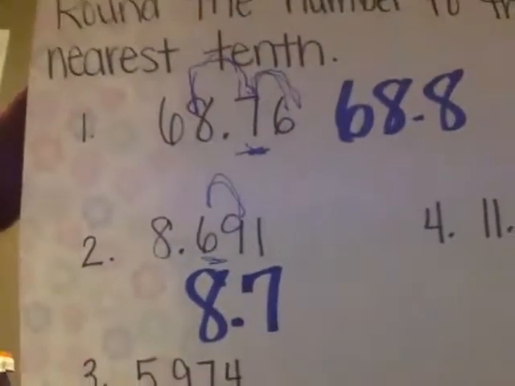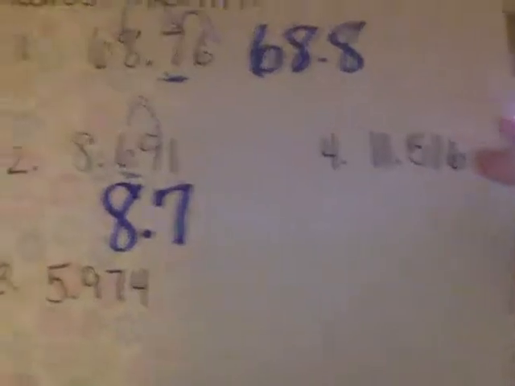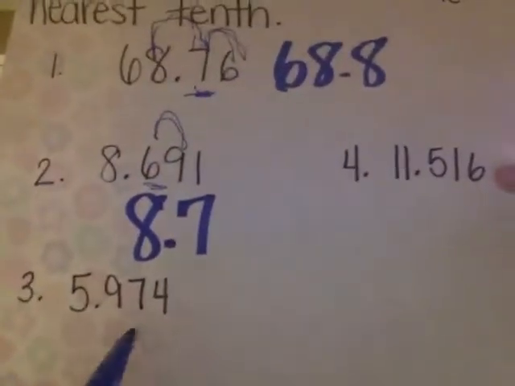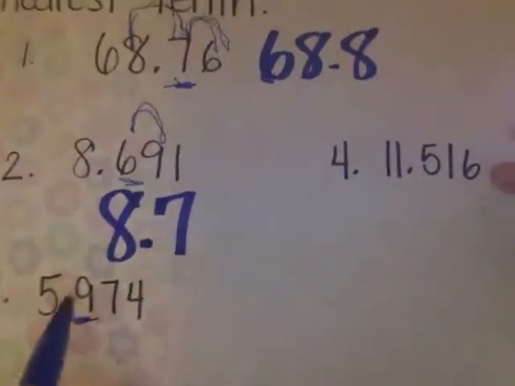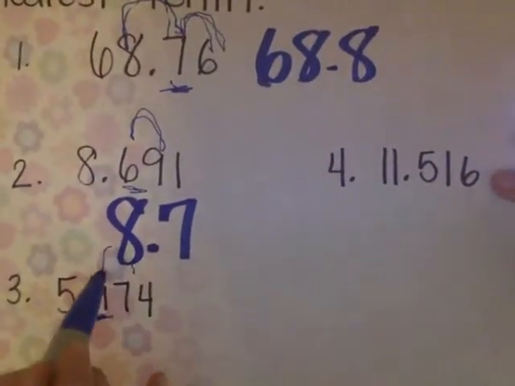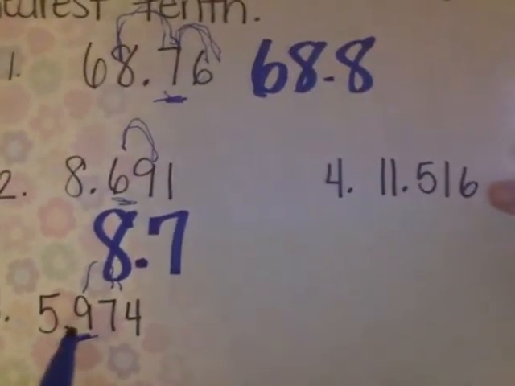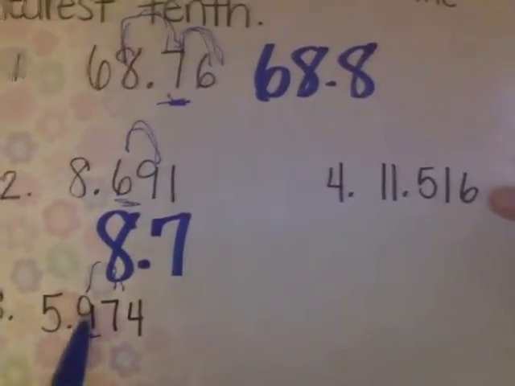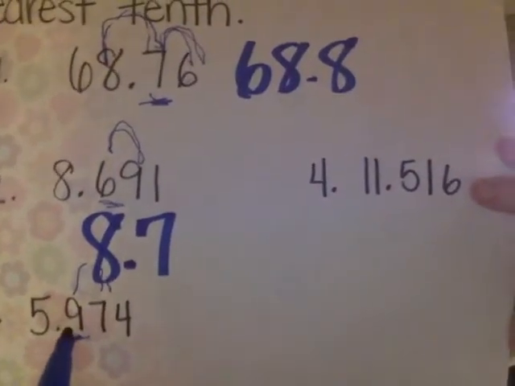All right, the next one is 5 and 974 thousandths. This is another one that has more numbers than what I need. I'm just going to underline my tenth place, go next door, and it's more than 5, so it's going to raise the score. Now this is a 9. When it raises the score, that bumps it up to a 10.